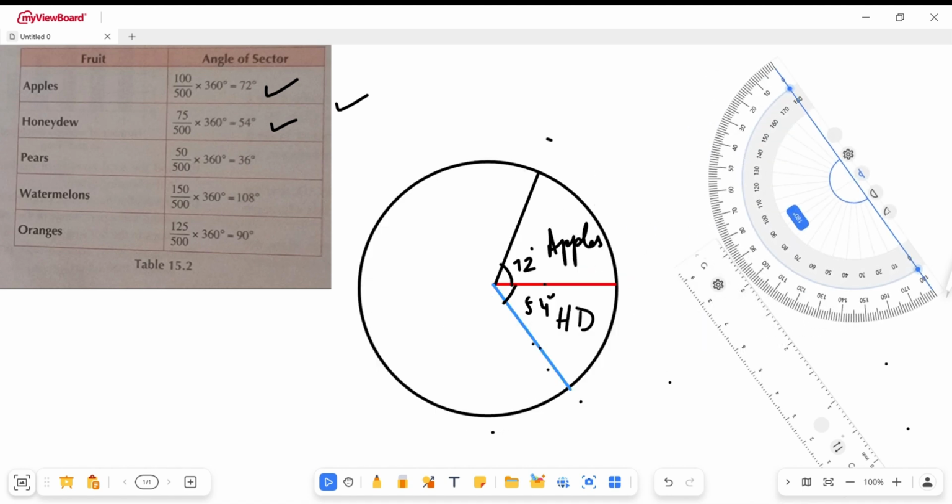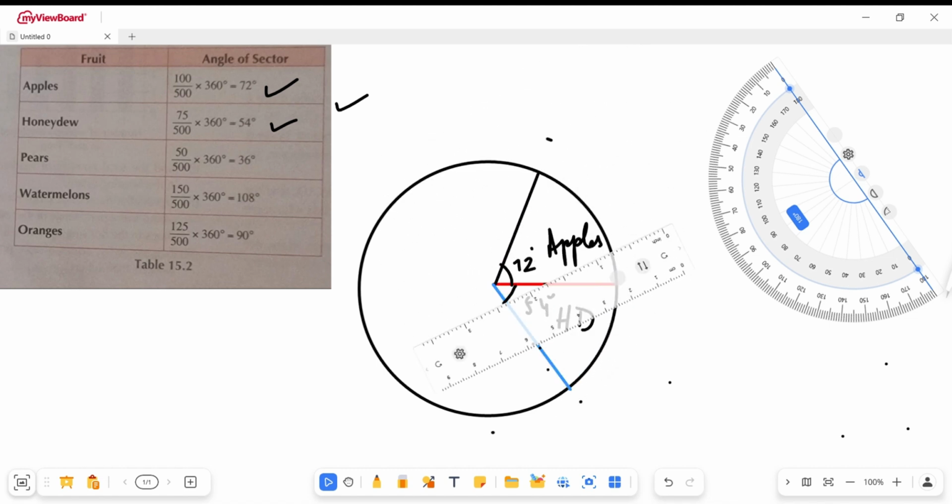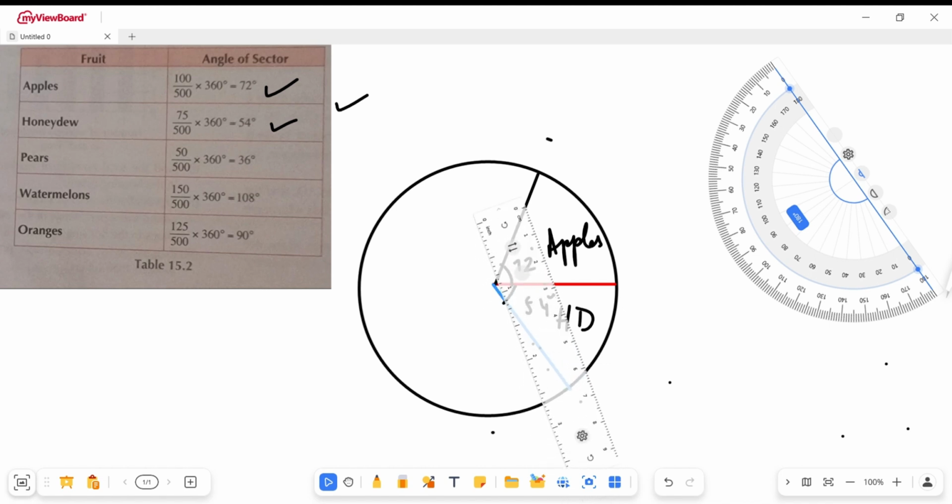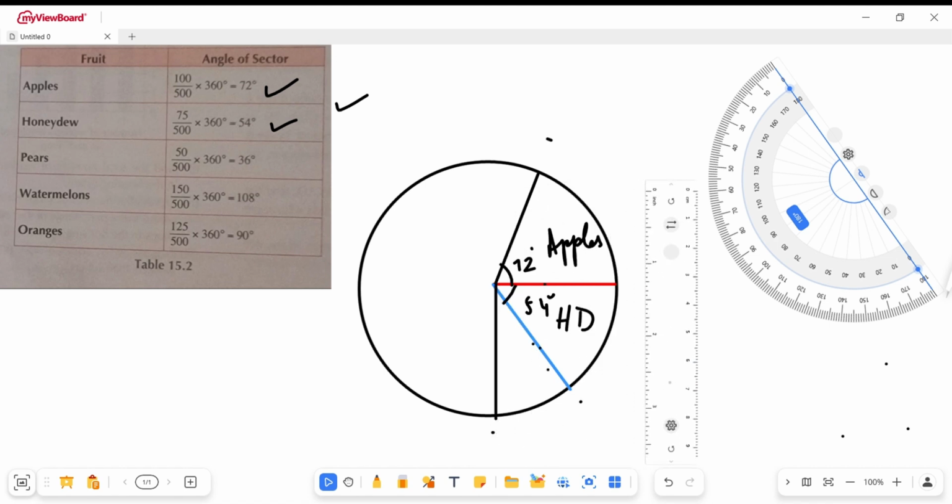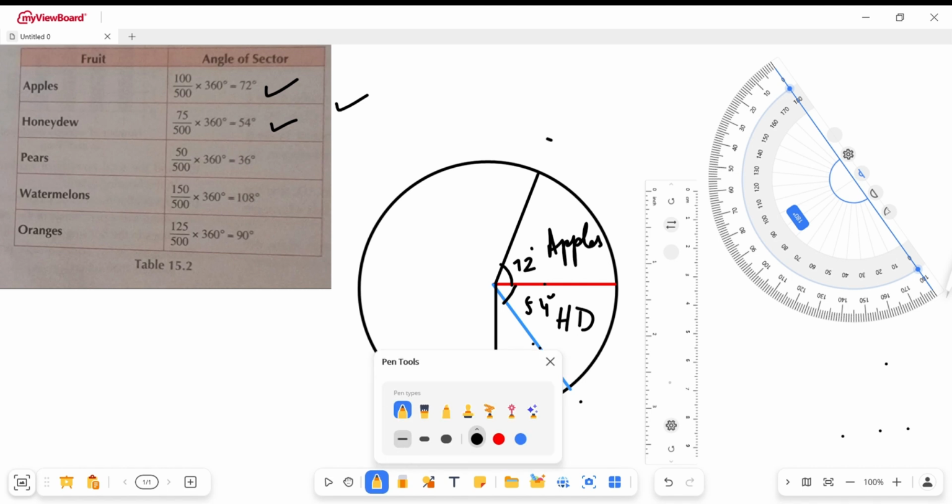Take a scale, and from the center of the circle to that 36 degree mark, join it. Write 36 degree, and the sector is for pear, so I'm writing P here.